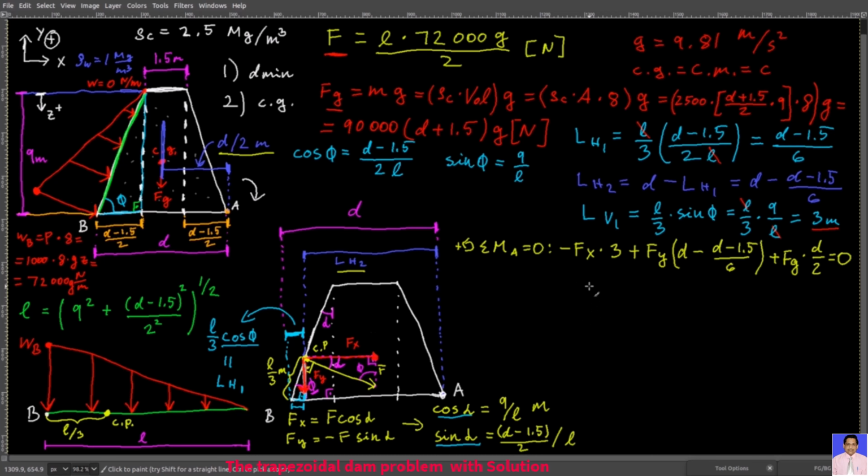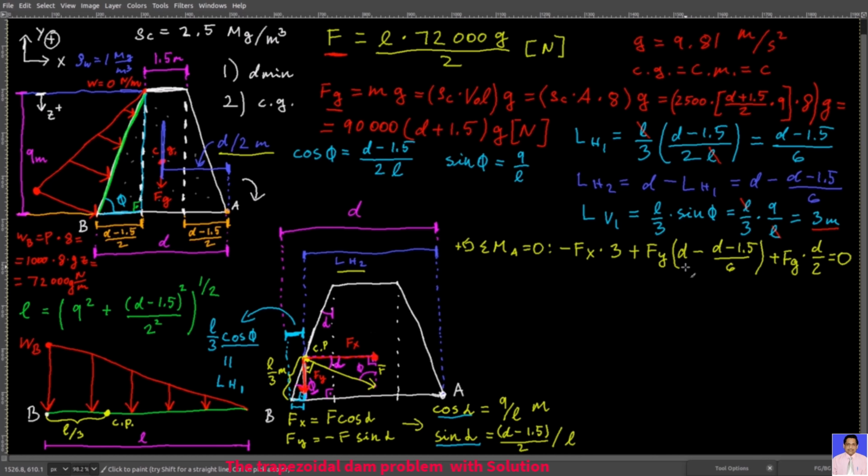You can see that the moment due to Fx, which would cause the dam to tip over, is countered by 2 other moments, one from Fy and one from Fg. And so when the moments balance each other out perfectly, then their sum is 0.